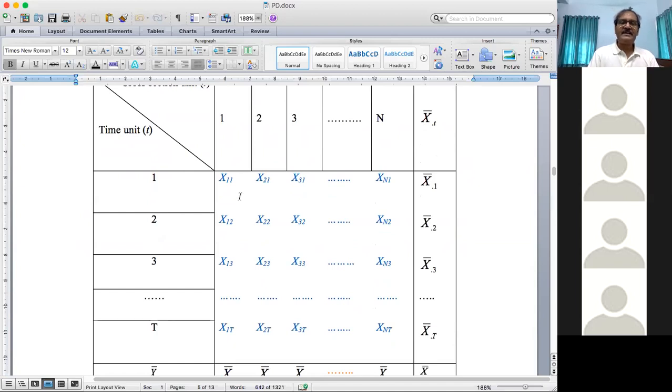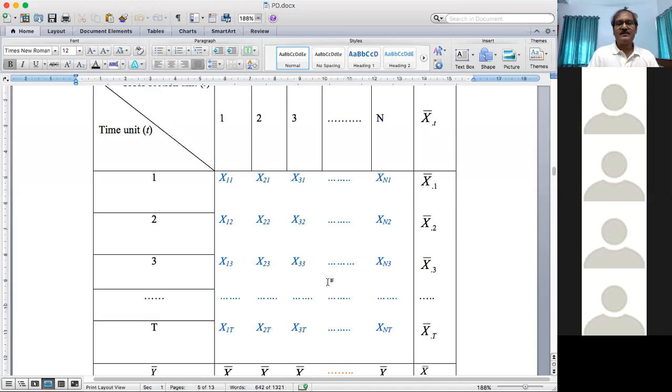So in the data matrix, we have several rows, several columns. Each row represents a cross section for a particular time period. Each column represents a time series for a particular cross section. And by taking all together, we have a panel data.